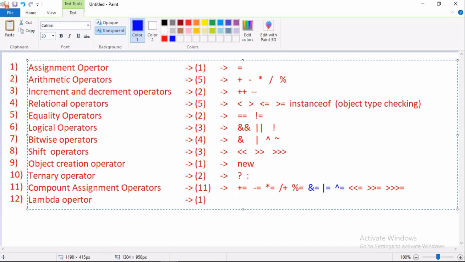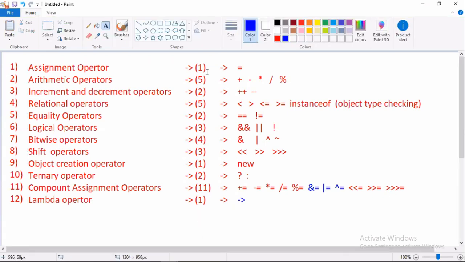Oh, you may confuse it. Lambda operator is arrow. Okay, so now count: totally 40 operators came.